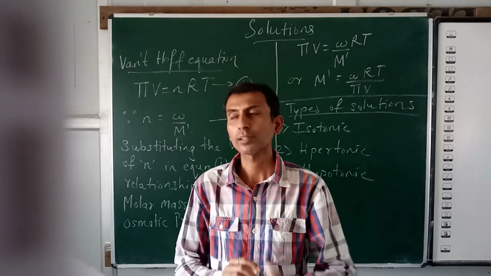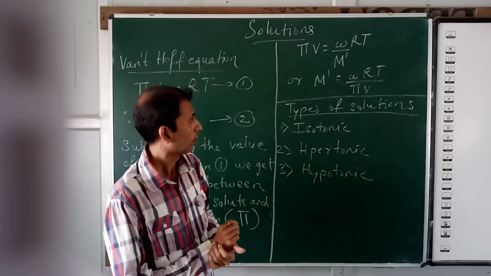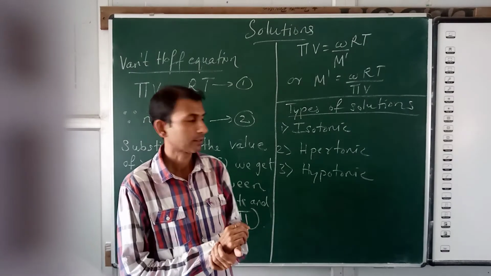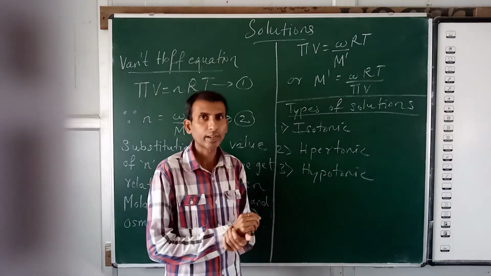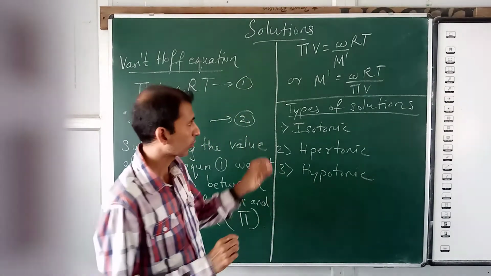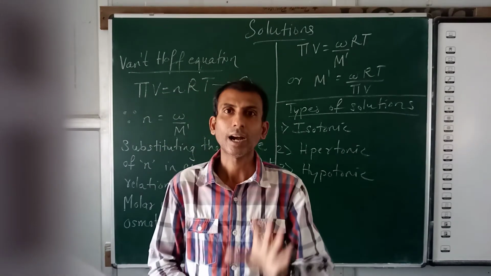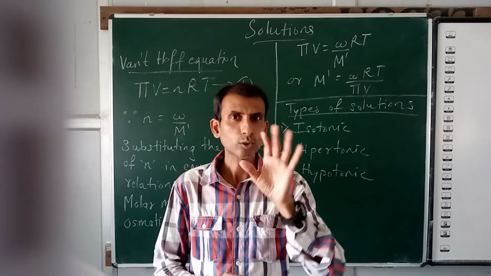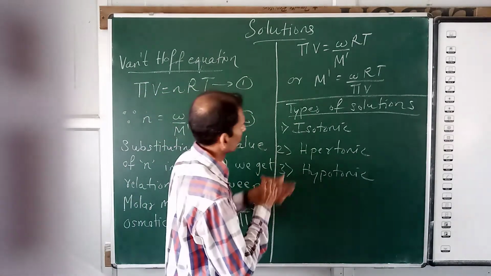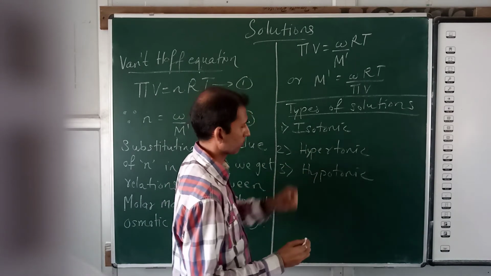Isotonic solutions are solutions in which the phenomenon of osmosis does not take place, and that will happen only when the concentrations of both solutions are the same. So isotonic solutions, in simple words, are solutions having the same concentration. You know the meaning of the word iso. Iso means same.